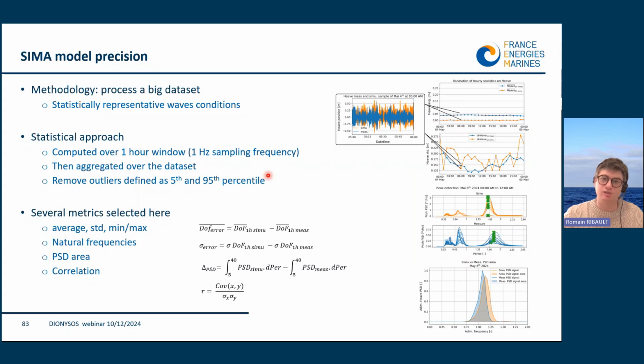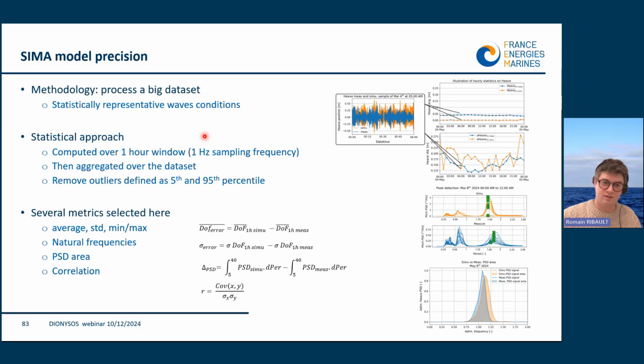For other degrees of freedom, like pitch, roll, and heave, we cannot directly compare the time series point by point because we don't have the wave elevation at the specific point of the demonstrator. So we represent the wave as statistically representative wave conditions. That means we need a statistical approach to compare measurements and simulation.